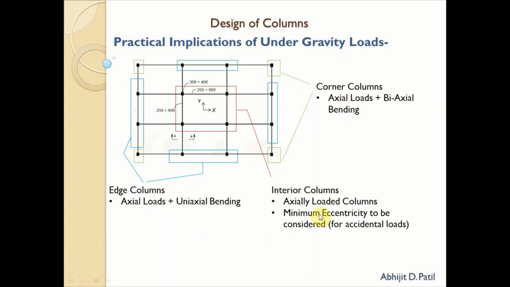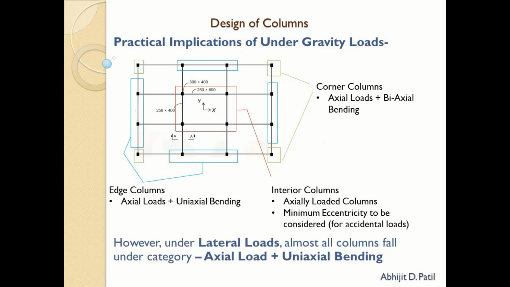Remember, I am discussing all these in terms of gravity loads, that is dead load and live load. But in case of lateral loads, that is wind and earthquake loads, we will see almost all columns fall under the category of axial load plus uniaxial bending.